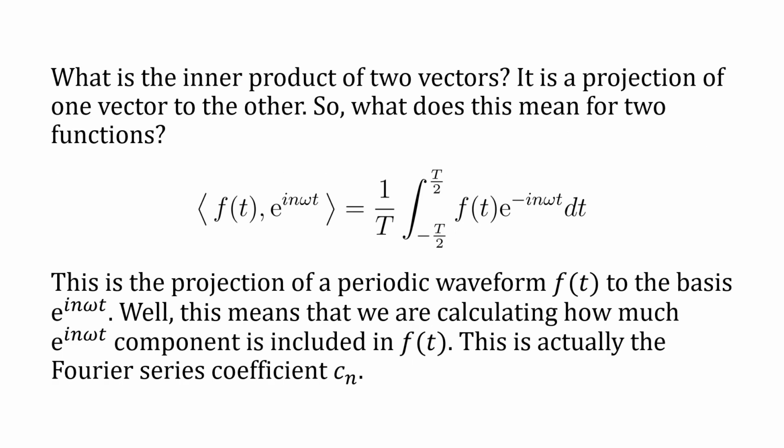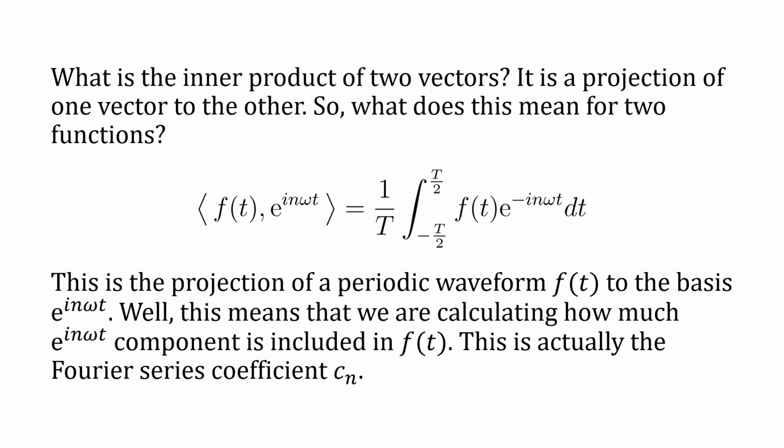What is the inner product of two vectors? It is a projection of one vector to the other. So, what does this mean for two functions? The inner product of f(t) and e^(inωt) is equal to 1 over T multiplied by the integral of f(t) multiplied by e^(-inωt) from negative T over 2 to T over 2.